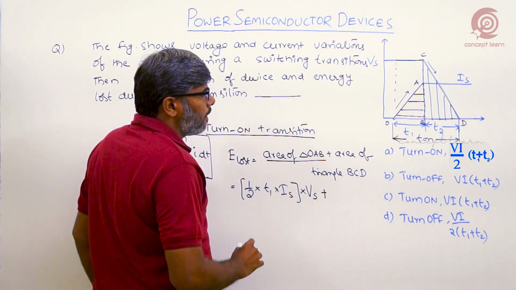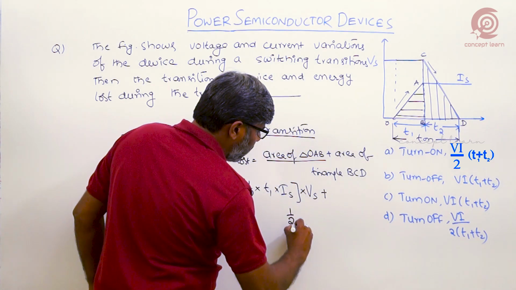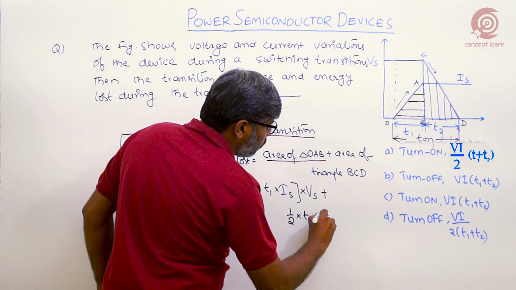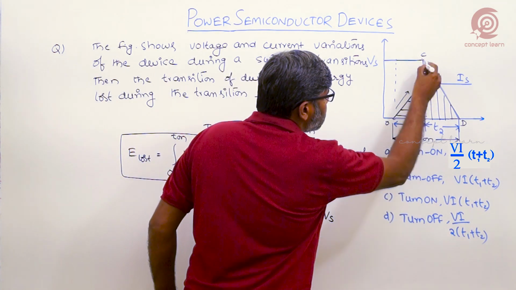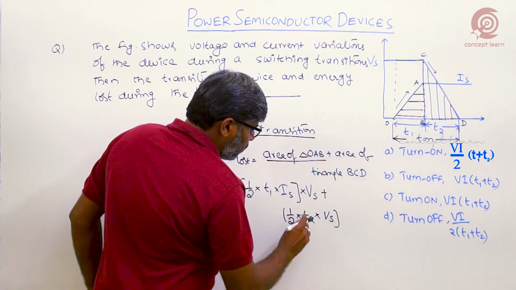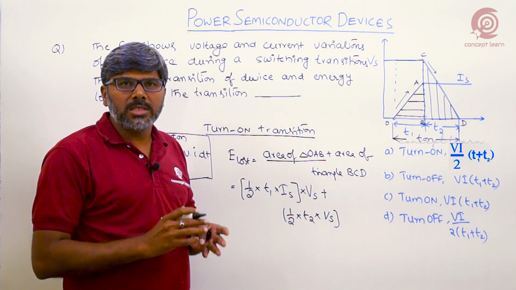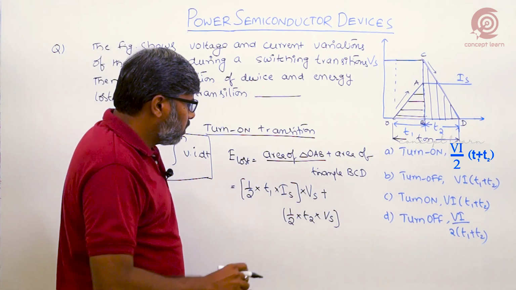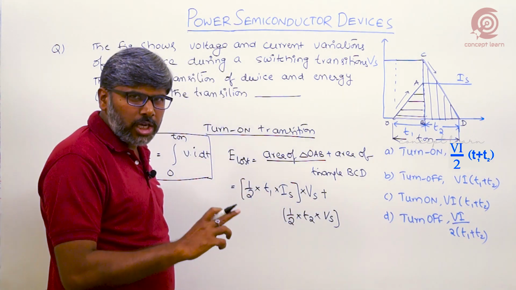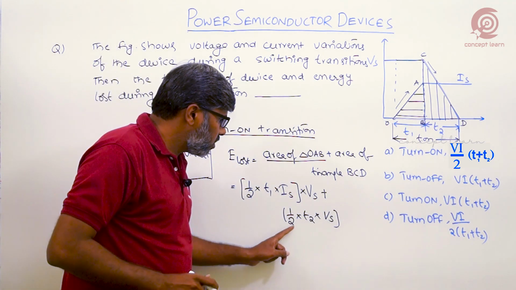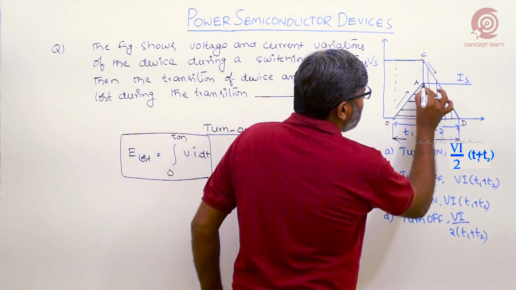So I am taking Vs plus, what about the BCD triangle area? That is half into T2 into Vs. From here to here, this is the height of this triangle. So this triangle area gives voltage second area. Then we know energy is V into I into T, so this is the voltage second area multiplied with current. What is the current during this period?